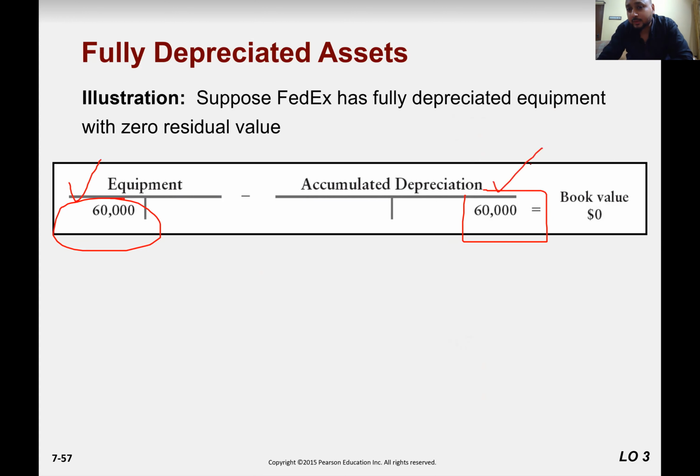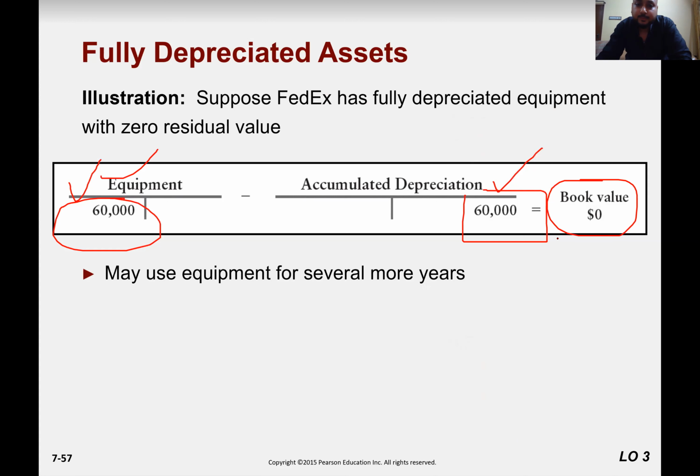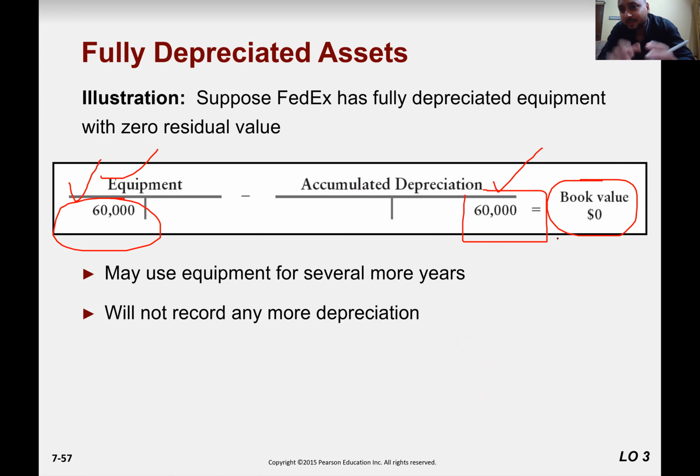If accumulated depreciation exactly equals the purchase cost, it means book value is 0, so it's fully depreciated. We are no longer using that, right? And after its full usage, no depreciation entry is going to be recorded. It's just like a waste, we just dispose it, that's it, right? It's not like we will still record depreciation after some time.